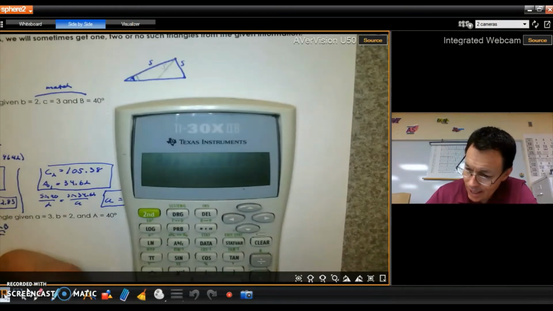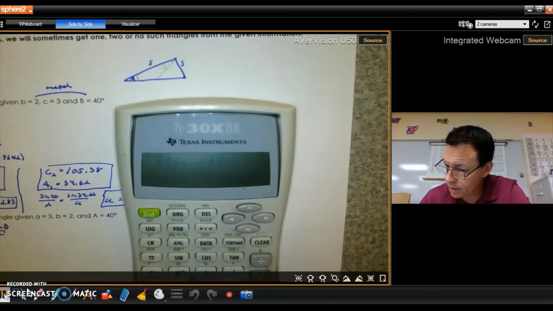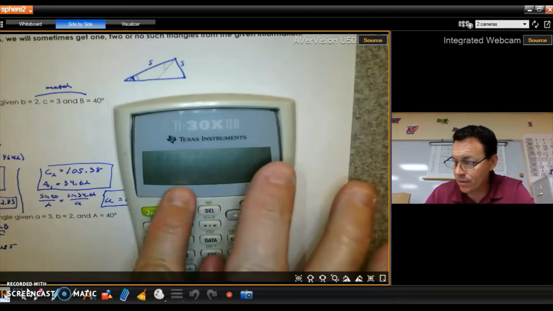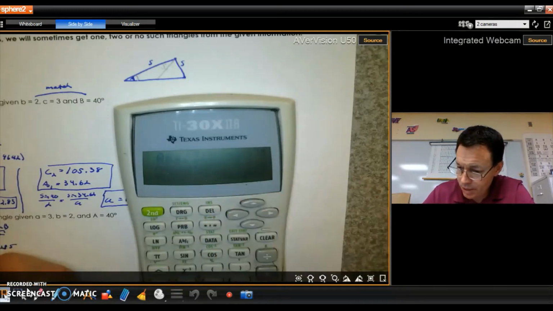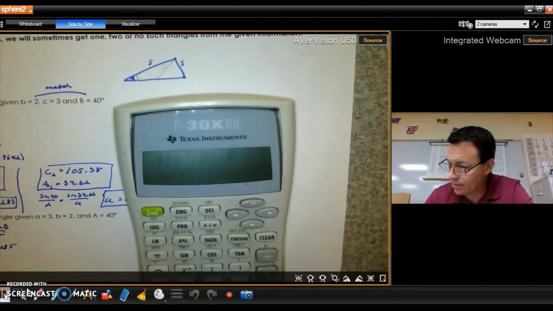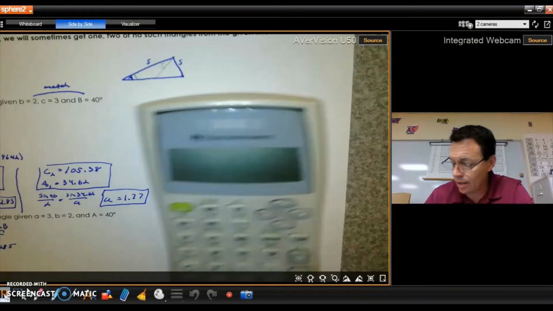That'll get us the sine of B. So 2 times sine of 40 divided by 3 is 0.4285. And then we're going to take the inverse of that. So B will equal the inverse sine of that answer, and we'll get 25.37.